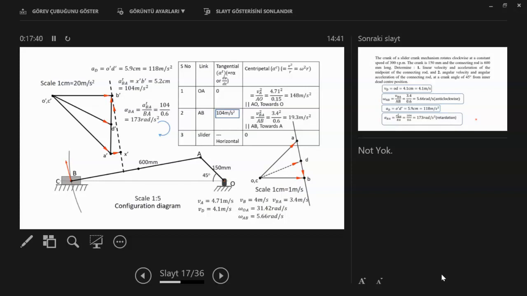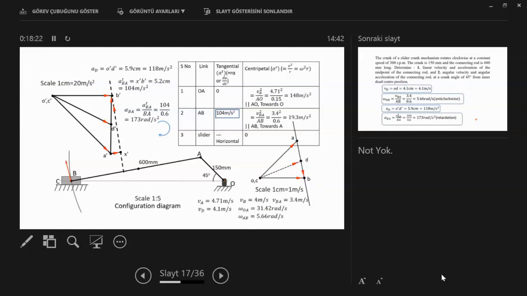You know that. It's only the normal component. In this scale, the normal component of AB, we know the magnitude and also the direction. The normal must be parallel to that line, and we calculate the magnitude here.